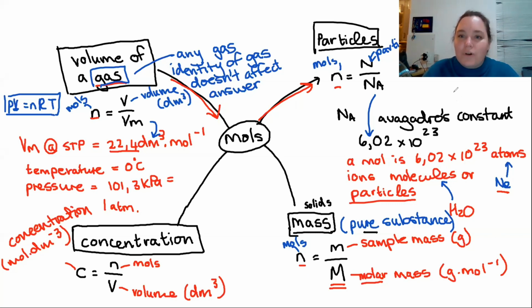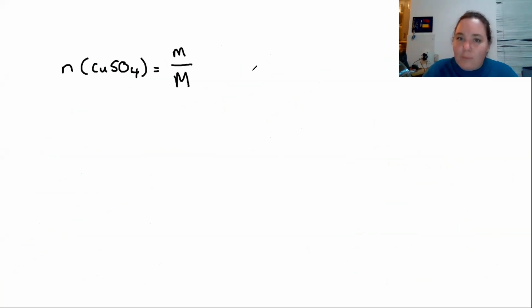Whenever I work out anything, I always remind myself what it was that I was looking at. If I'm looking for the number of moles of copper sulfate, I will remind myself that is the number of moles of copper sulfate. So I, in fact, put it in as part of my formula. Number of moles of copper sulfate is mass over molar mass. When I'm working out the molar mass of something, I remind myself that I'm working out the molar mass of copper sulfate.